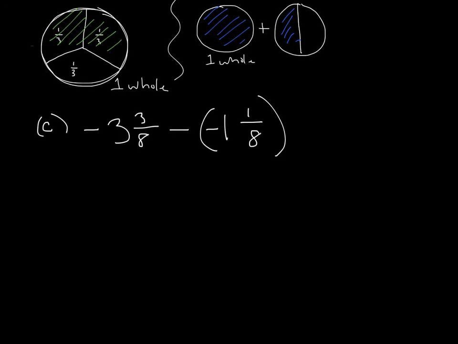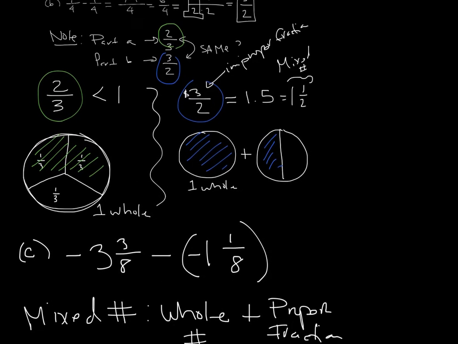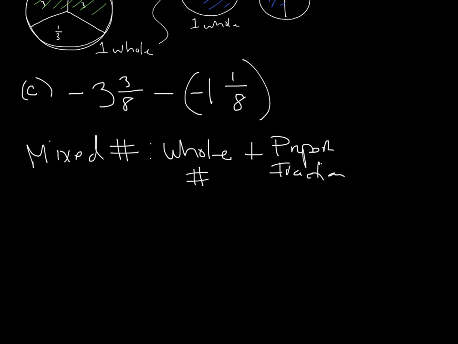So let's write this down. A mixed number, so it's kind of an informal definition here, is a whole number plus a proper fraction. So for example, a whole number, oh, well, we just worked with one, right? 1.5, right?